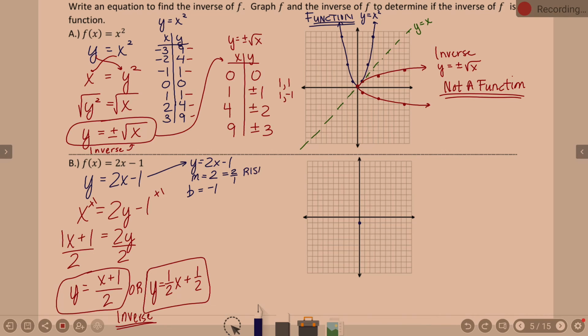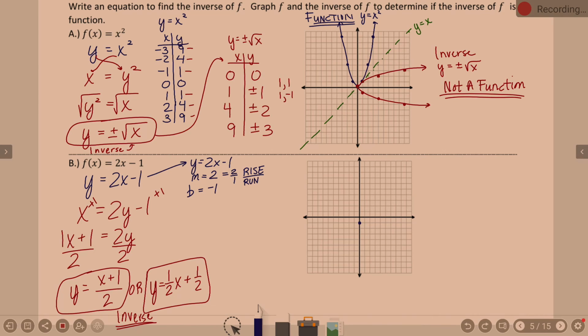There we go. A slope of 2 is the fraction 2 over 1, which is rise 2, run 1. We've gone over that this year, right? Maybe we haven't graphed lines recently, but you're supposed to know how to graph lines.